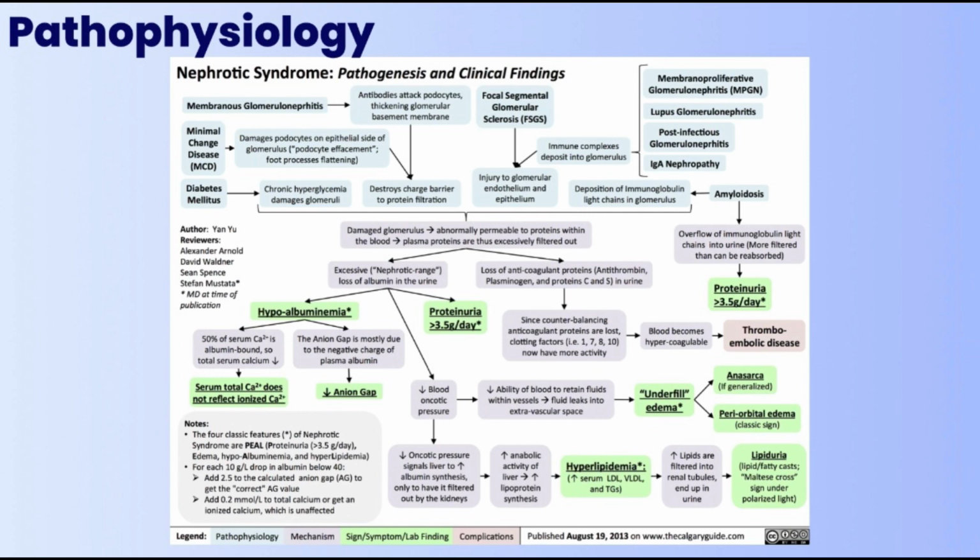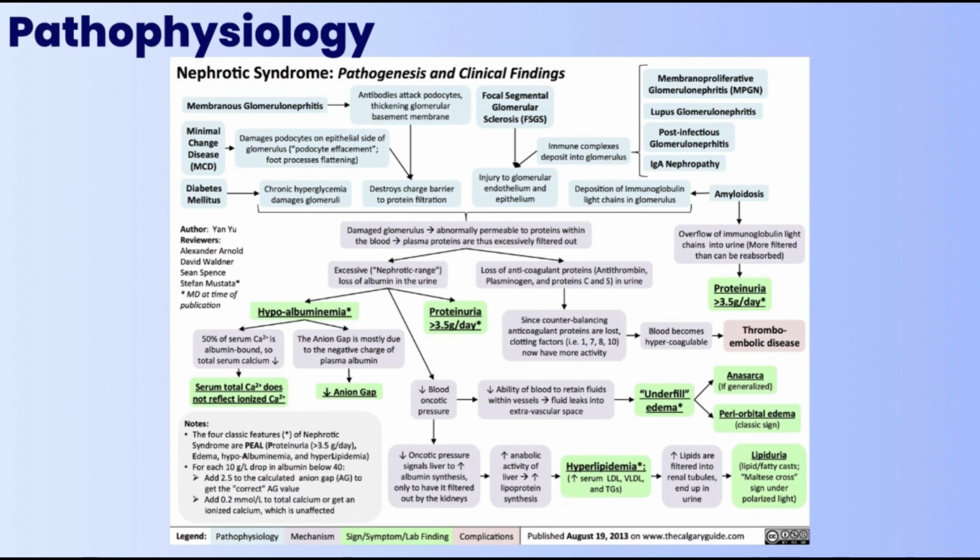Since they are all autoimmune diseases, they all deposit immune complexes into the glomerulus, which also directly injures the glomerular endothelium and epithelium. Finally, the last one is amyloidosis, which is a disease involving the deposition of immunoglobulin light chains. When these light chains deposit into the glomerulus, that damages the glomerulus.